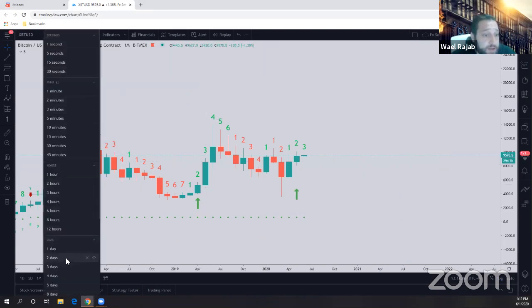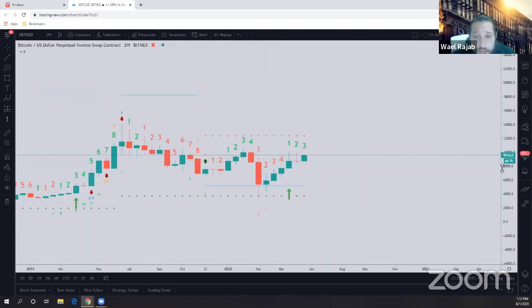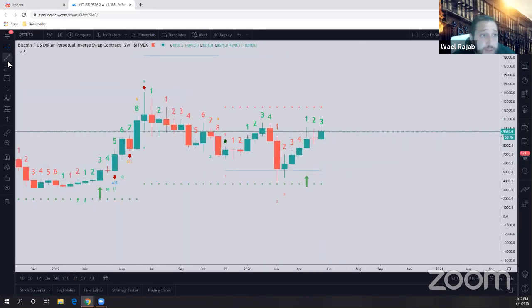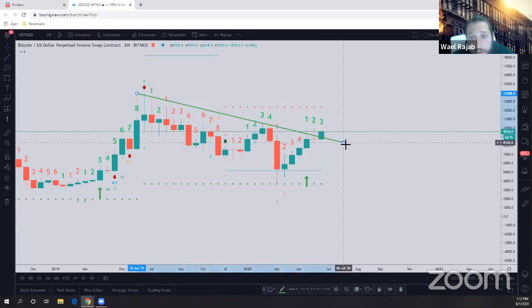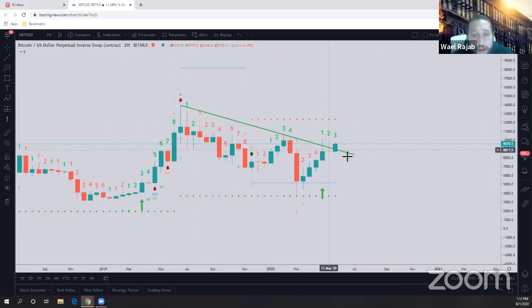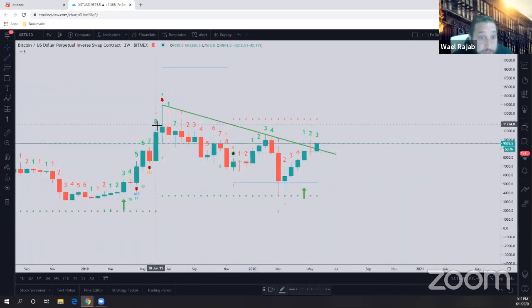So let's get into the 2 week, and you can see here, this is where I thought this was looking toppy. We're creating lower highs, lower lows, and I thought this is the best place for us to break down. Honestly, this is the best place for us to break down. You could draw it from up top there, or from the candles, however you want to draw it.